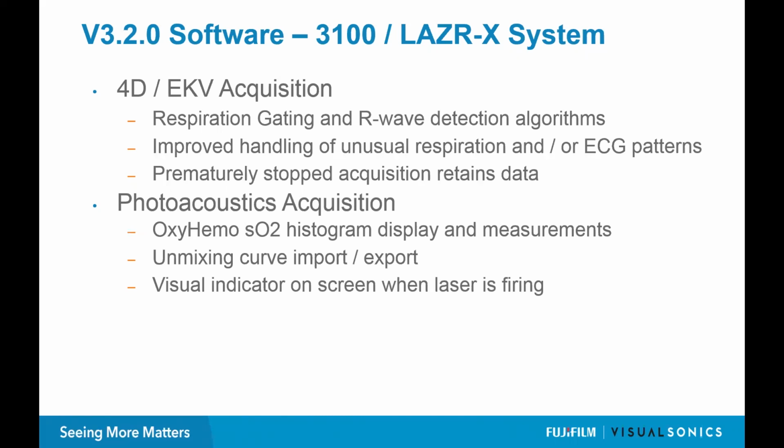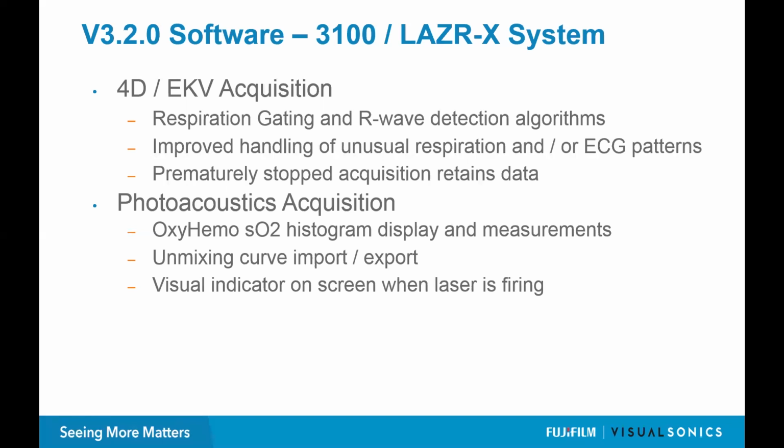This is a histogram of SO2 measurements, as well as being able to display a range of oxygen saturation measurements. As well as the unmixing curve import and export. You've always been able to import and export spectral unmixing curves into the system to do spectral unmixing for your photoacoustic data. We've just opened that up to allow for customized curves via CSV files.